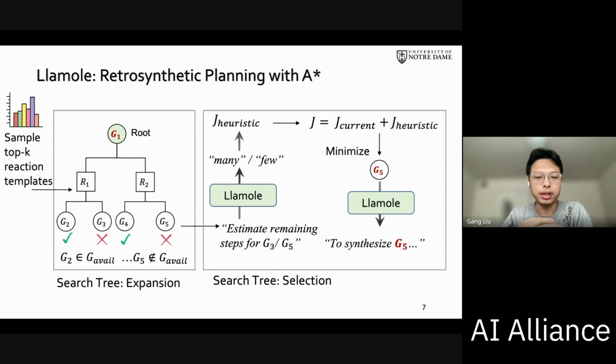You can see that we can repeat this expansion and selection, these two steps, multiple times until finally we get a solution for the synthesized pathways for the designed molecules. Or we can also set a time period so that the model can return us some failure status if we cannot find a solution in a fixed time.